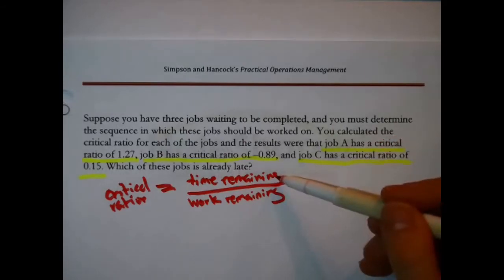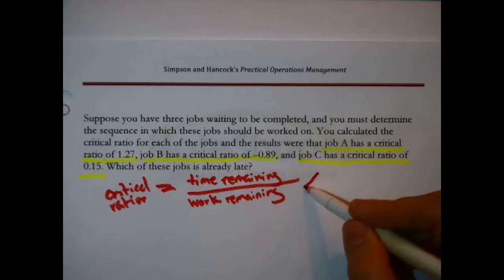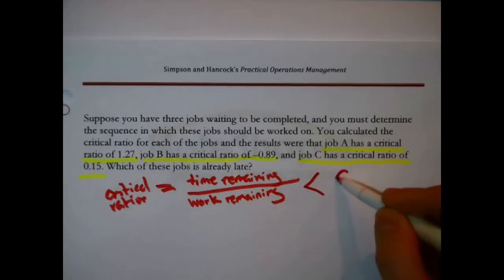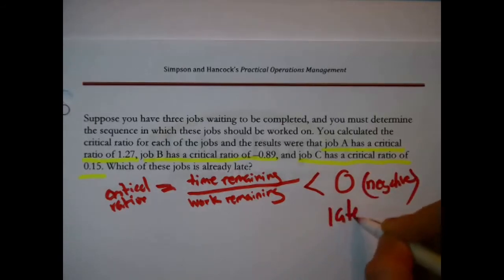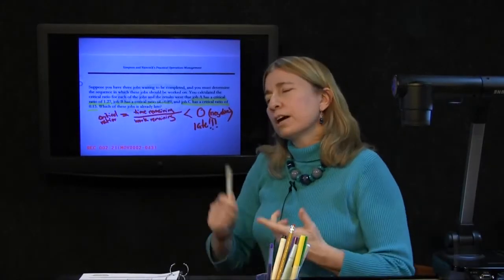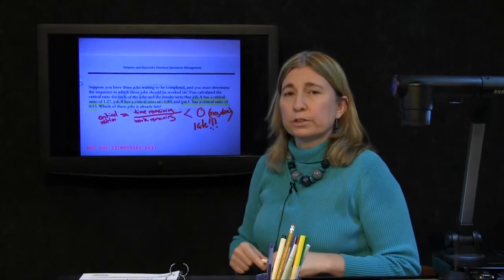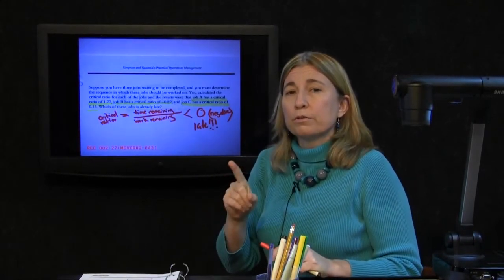Only time remaining could. Yes, if the critical ratio is less than 0, negative, we know that we're late. That's the signal. If you calculate the critical ratio for a particular job and that number comes out negative, then you know that that job is late.